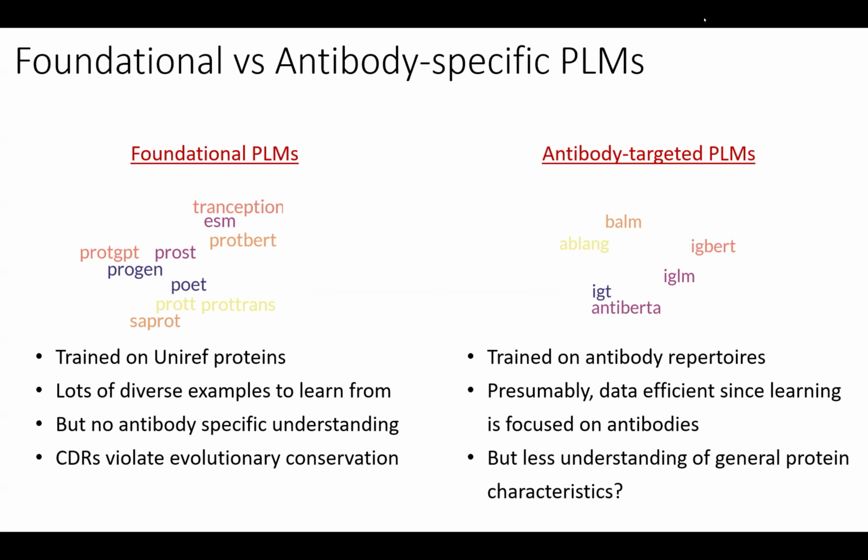The advantage of the latter is that presumably you can be more data efficient because you're just learning the antibody specific features. But that is also a downside, because the foundational PLM is learning general purpose features, which your antibody specific model might not be seeing. On the other hand, the foundational model has the weakness that it relies on evolutionary conservation, and there are regions in antibodies that are explicitly not conserved evolutionarily.